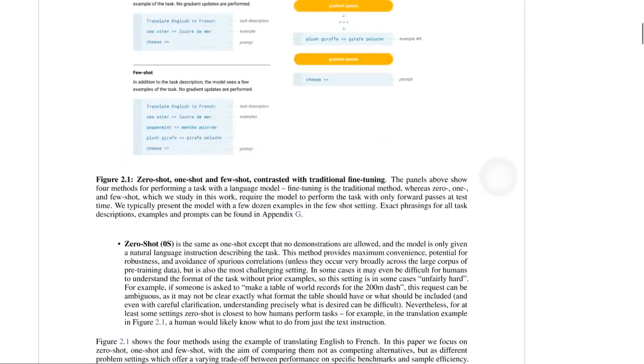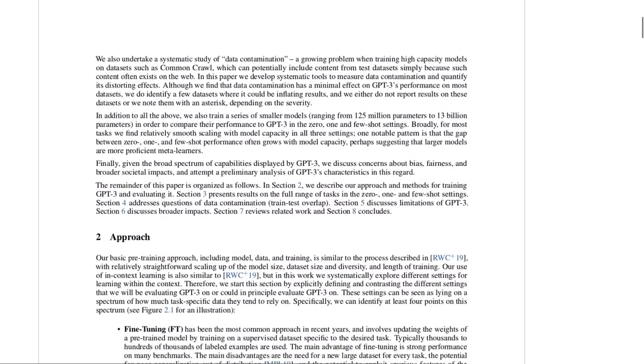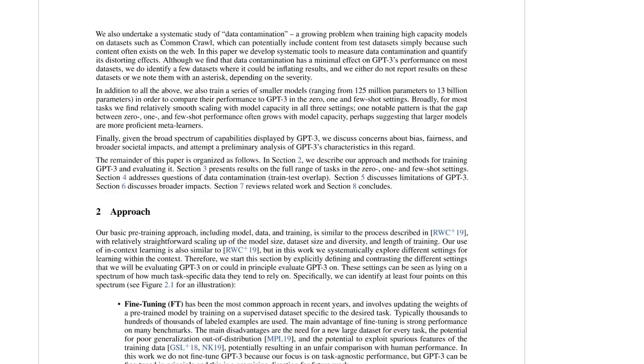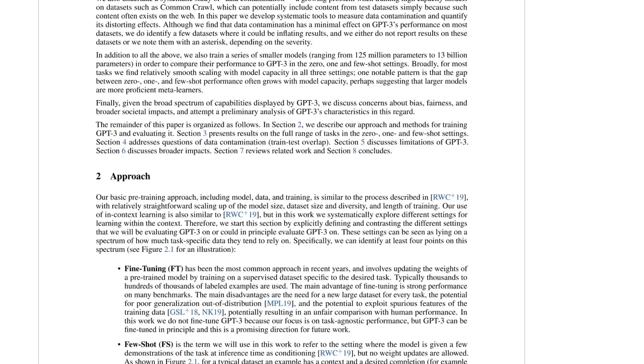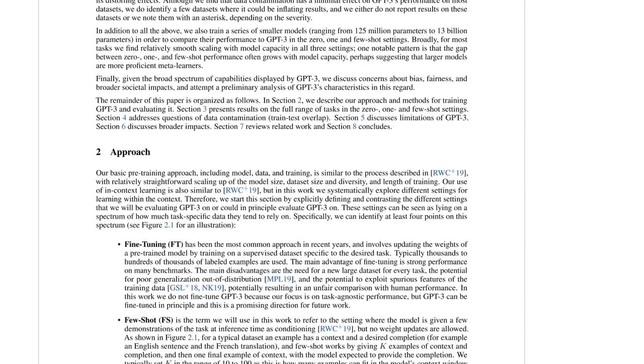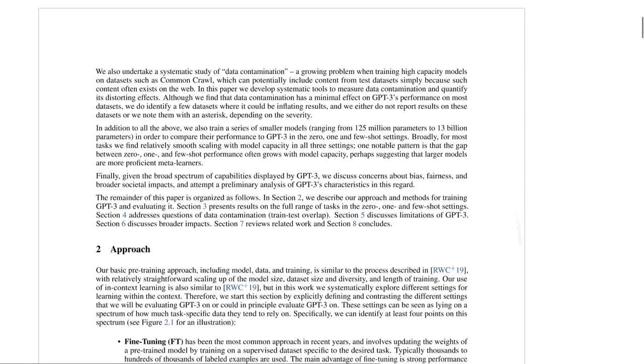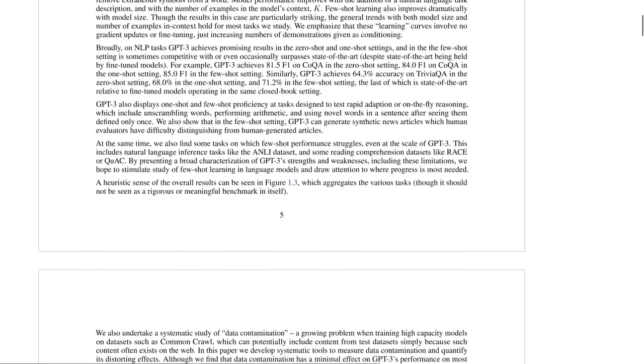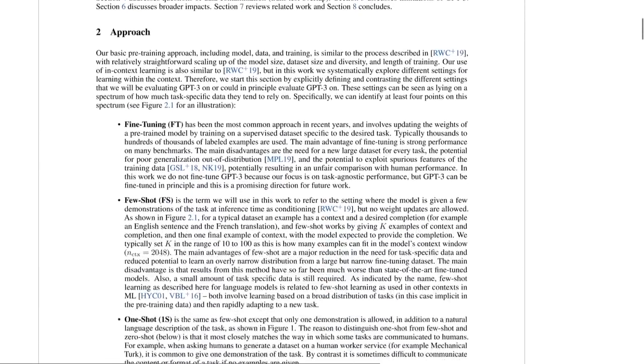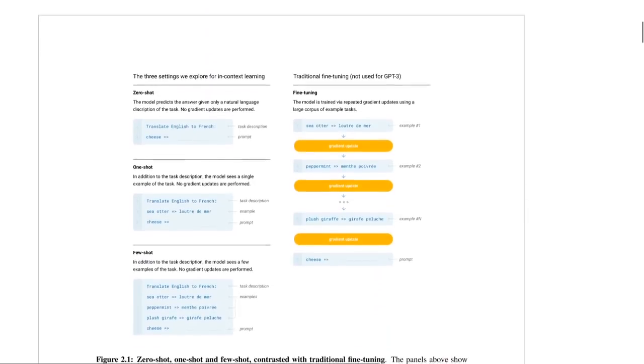So, how do they train it? Okay, we already said they train it simply in a language modeling way. Just next word prediction. That's it. So it's not even something fancy like BERT. The interesting part is when you do the single tasks.